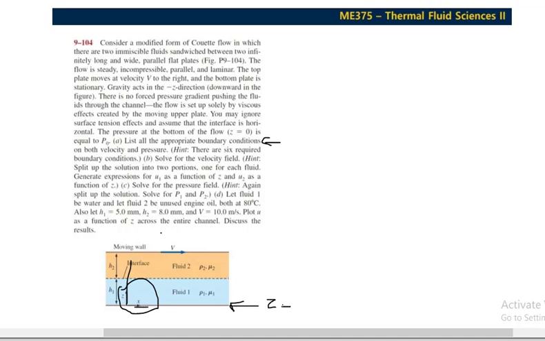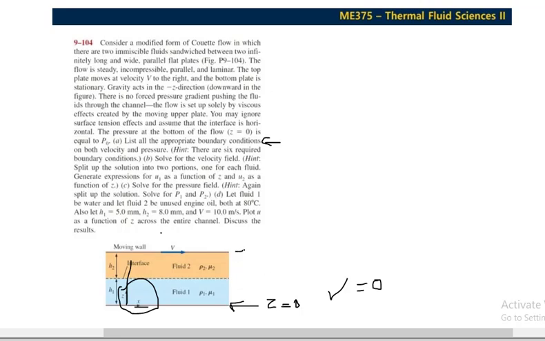At z equal to 0, because the z points start from the fixed wall, there is no velocity component here. So we say that at z equals 0, the velocity vector u is also 0.